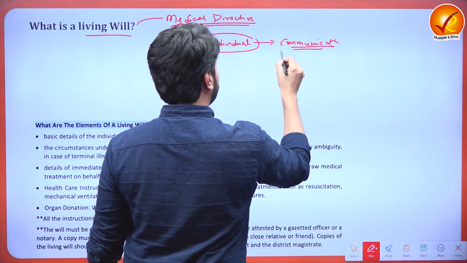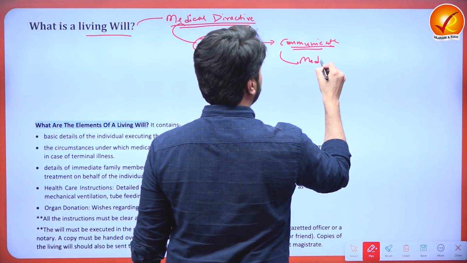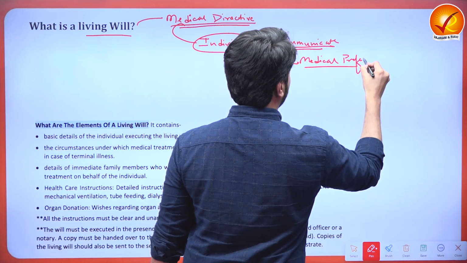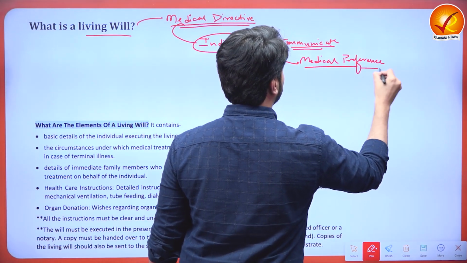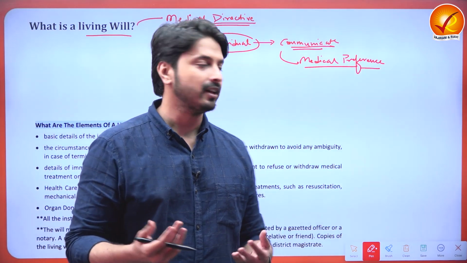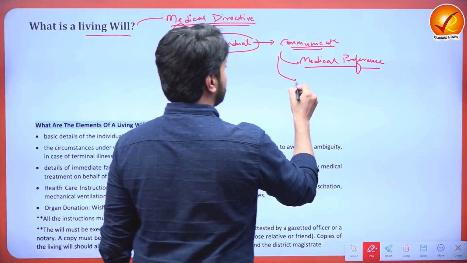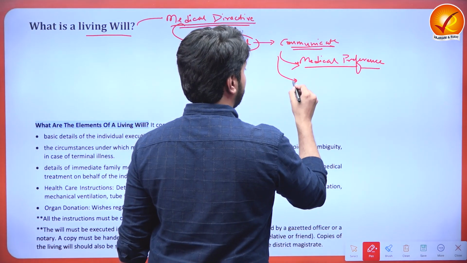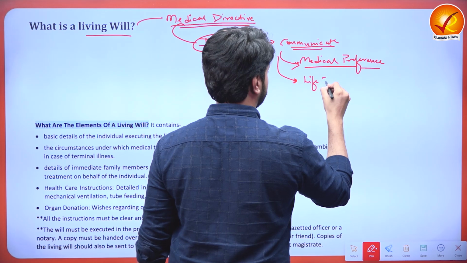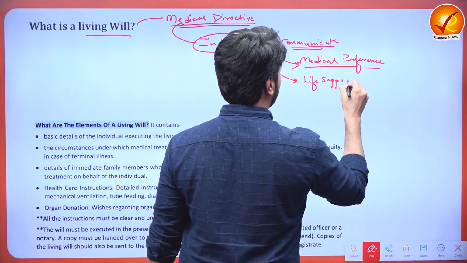Their medical preferences, like what kind of medical services that person would want in case they are not able to speak or have gone into a vegetative state, and under what conditions the life support system should be withdrawn.